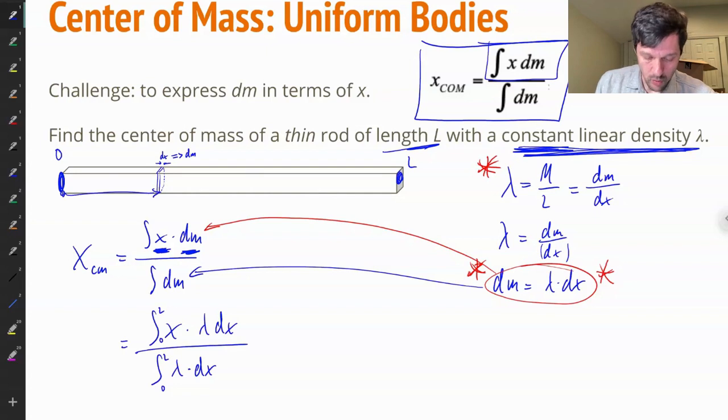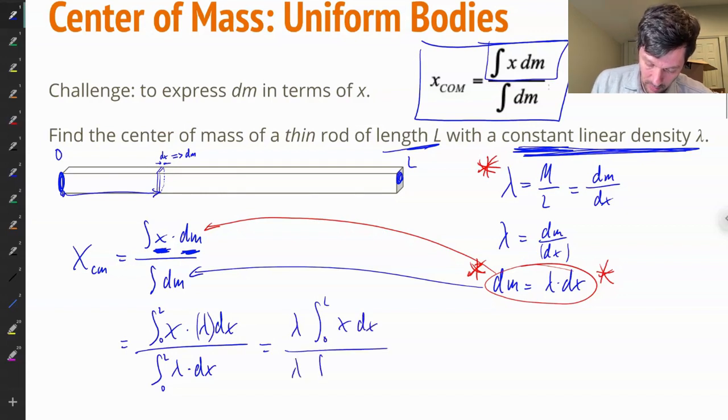So let's do what we can. This lambda itself, since it is a constant linear density, is a constant. We can pull that out front. So we have lambda times the integral from 0 to L of x dx, divided by lambda times the integral from 0 to L of dx. Now the lambda has been pulled out of the integral.